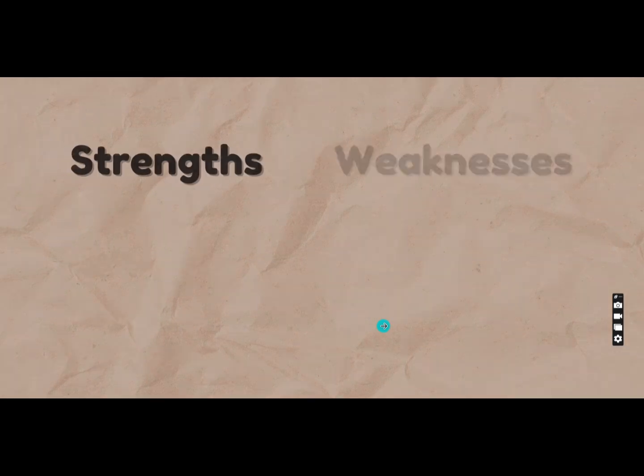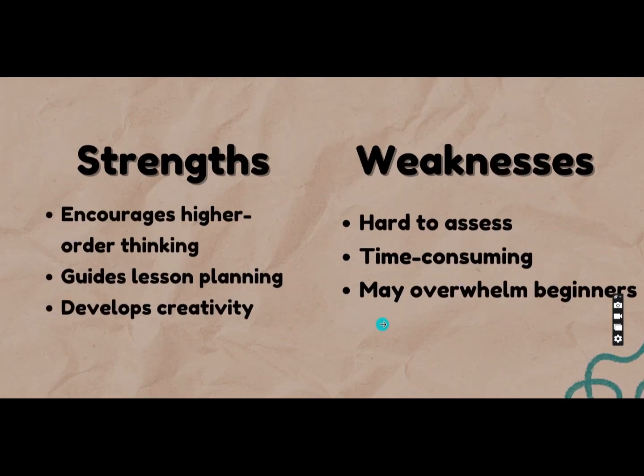Now let us talk about the strengths and weaknesses of Bloom's taxonomy. Bloom's taxonomy encourages higher order thinking, guides lesson planning, and develops creativity. Its weaknesses are that it can be hard to assess some levels and may require significant teaching preparation.